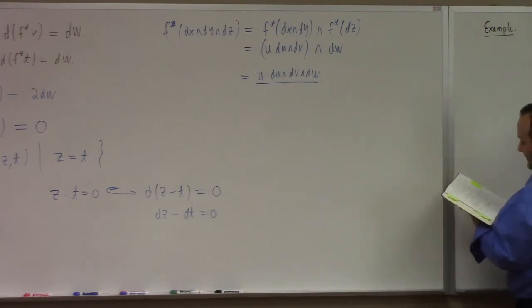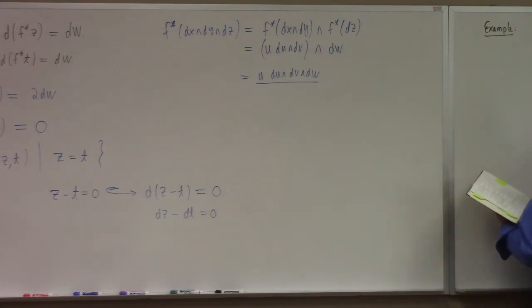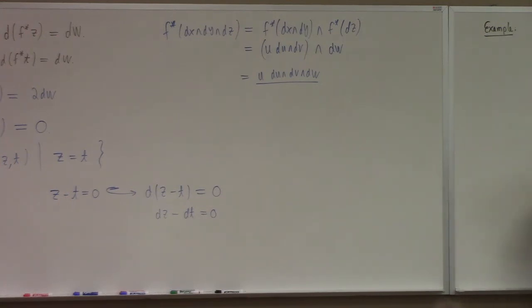I'll probably regret this. Alpha equals x dy wedge dz minus y dx wedge dz plus z dx wedge dy, all divided by the function x squared plus y squared plus z squared to the 3/2.